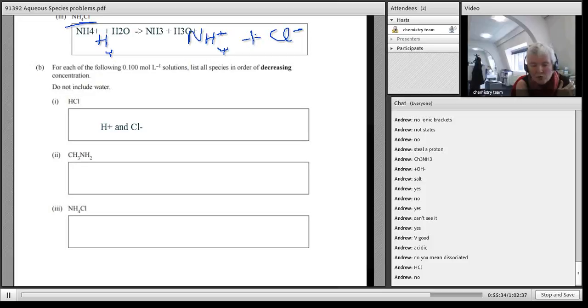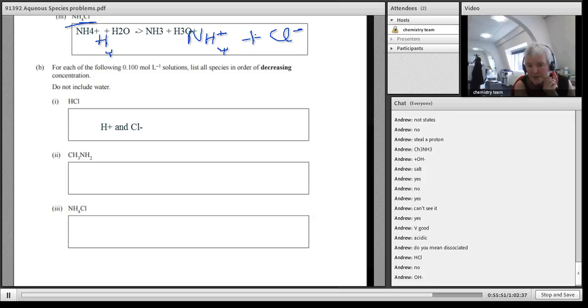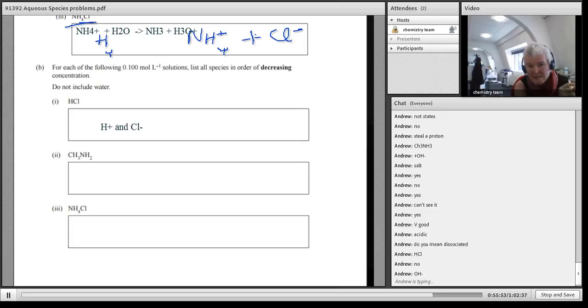Remember when I showed you water? Water existed as 55 moles per liter of H2O, but there was this tiny amount of what? OH minus. So there's a tiny amount of hydronium ions and a tiny amount of hydroxide ions.